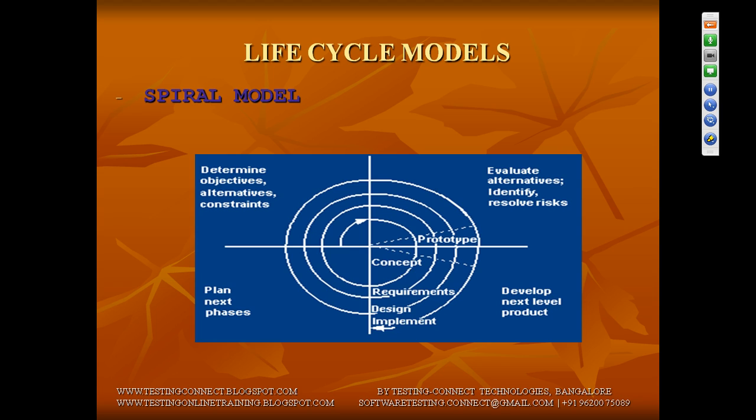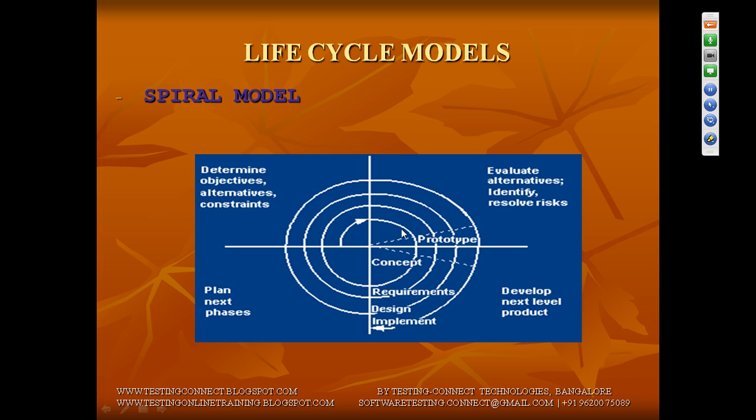That is nothing but your spiral model. See here, plan. Initially determine objectives, alternatives and constraints. Then plan next phases, develop the next level product, evaluate alternatives, identify and resolve risks. For everything, first you get the concept, then requirements, design, implement.